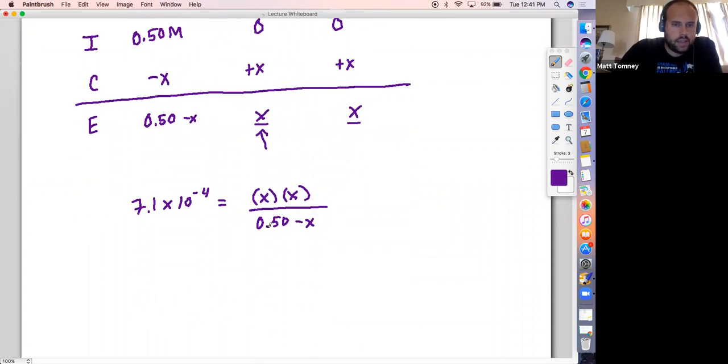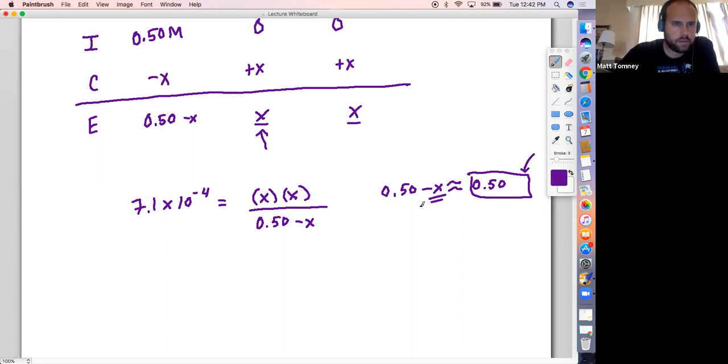So if I say HA's initial concentration is 0.5 and x is going to be relatively small compared to that, then I can set up a general assumption where I say 0.50 minus x is approximately equal to just 0.50. That is under the assumption that x is so small that when I subtract it from 0.5, I'm going to get 0.5 and some small amount of change back way down here in the decimals, which when I round with significant figures just returns 0.5.